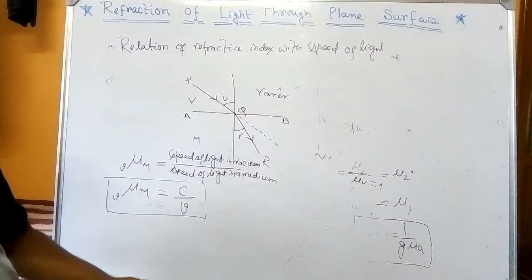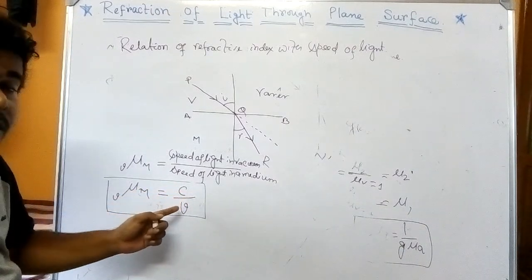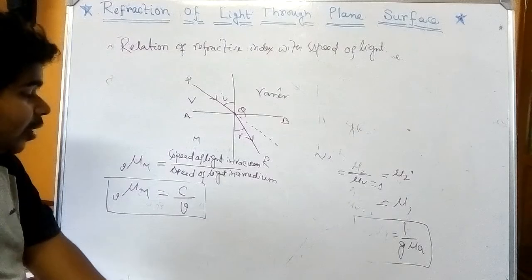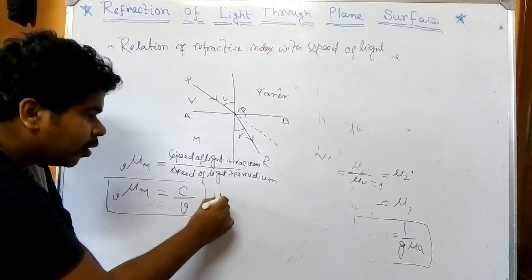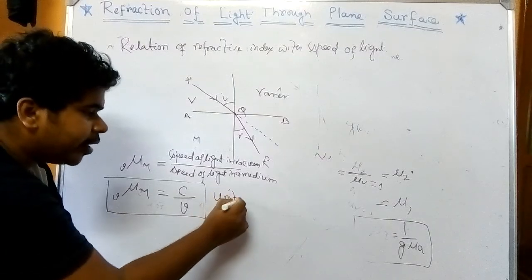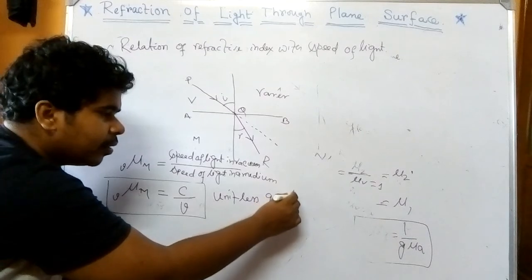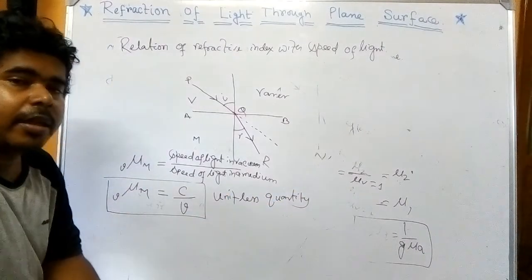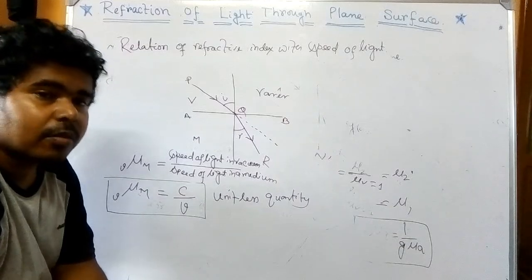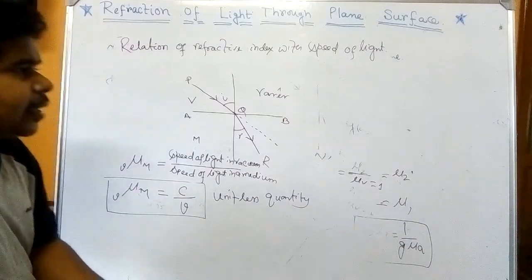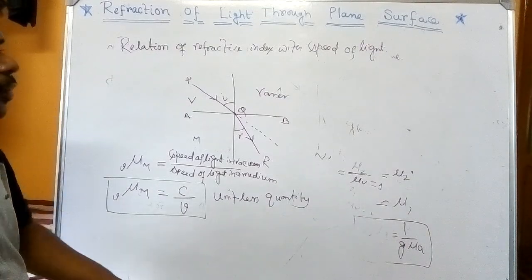See one thing here: c is the speed of light, and v is the speed of light in that medium, both are speeds. So the ratio, which is the refractive index, is a unitless quantity. You have to remember that the refractive index is a unitless quantity. Let's see some numericals and how we can calculate the refractive index.